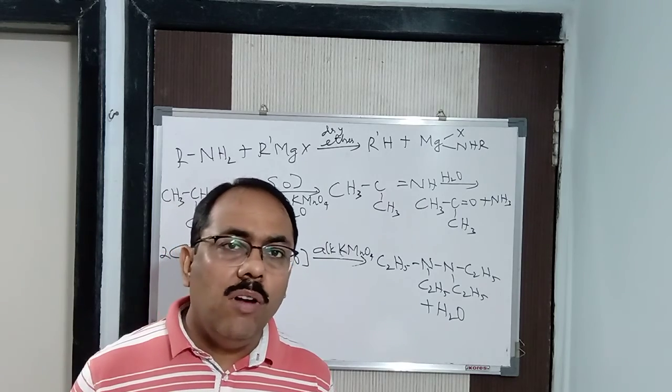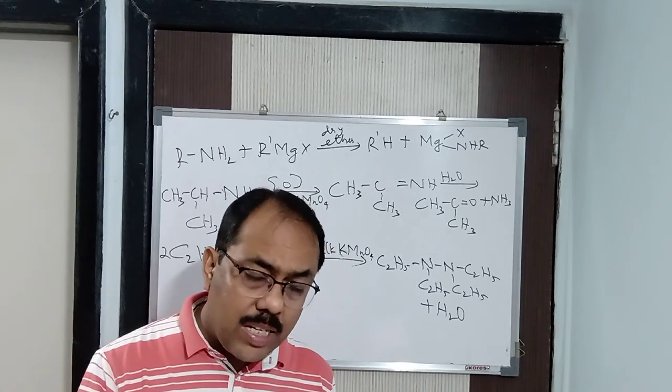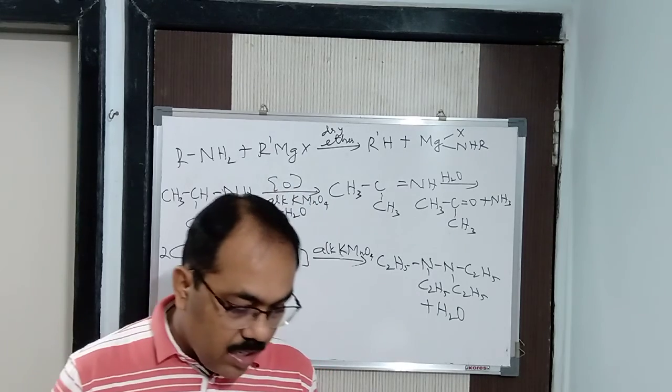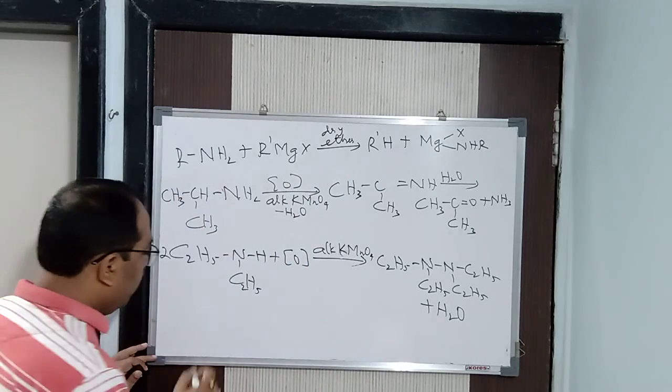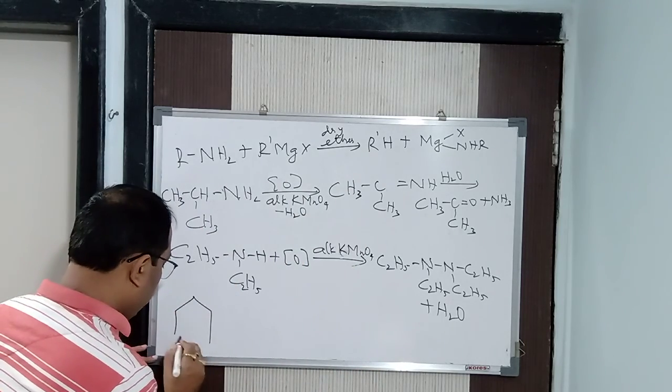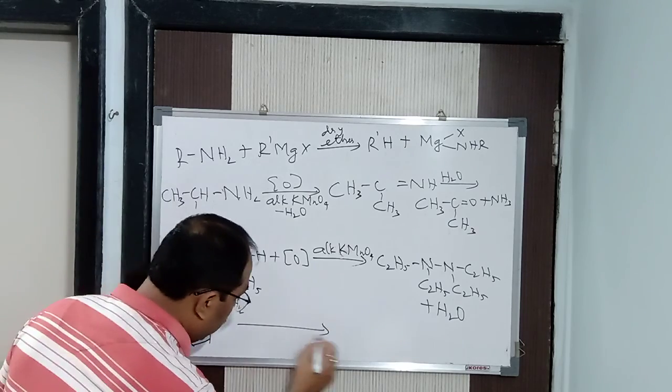Alright, but if you add a little bit of dilute K2Cr2O7 along with dilute H2SO4, then you will get parabenzoquinone. Parabenzoquinone, this one. This is aniline under slow oxidation.